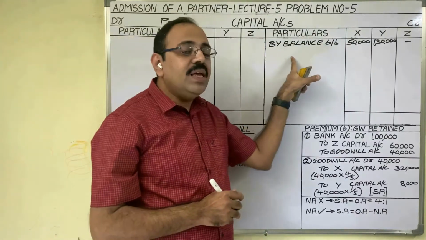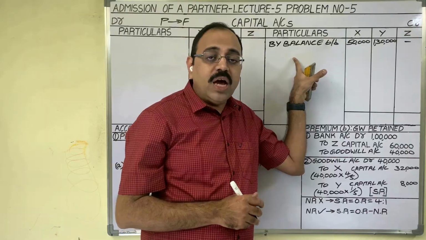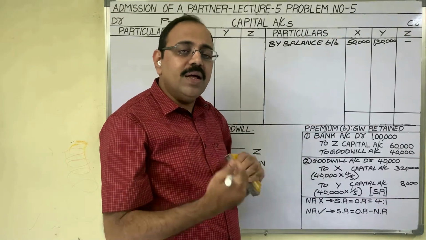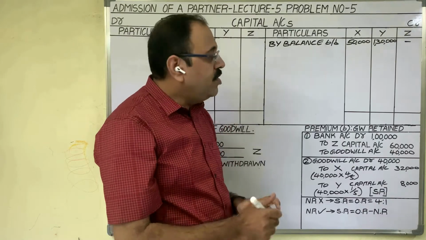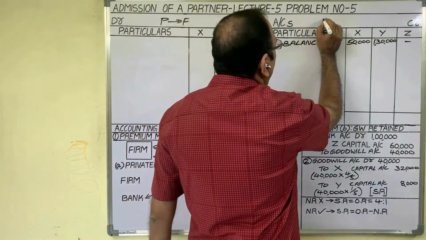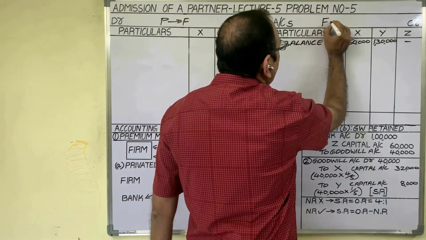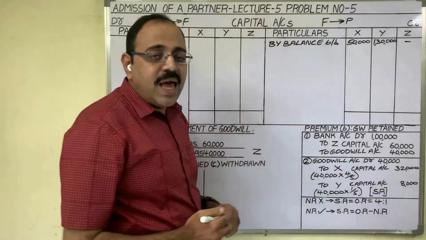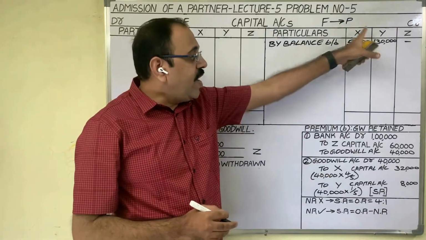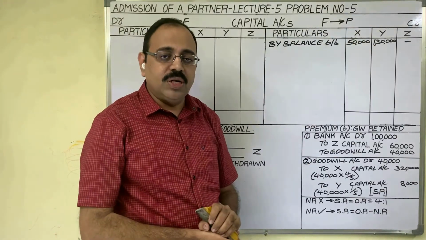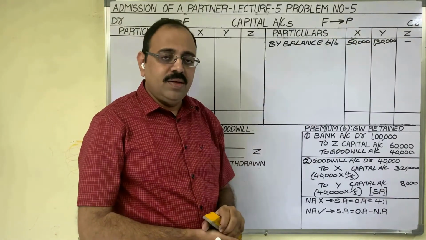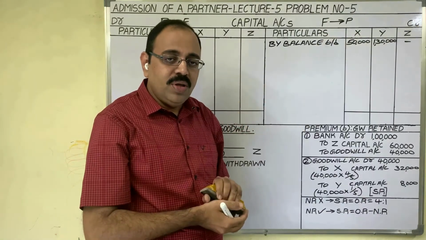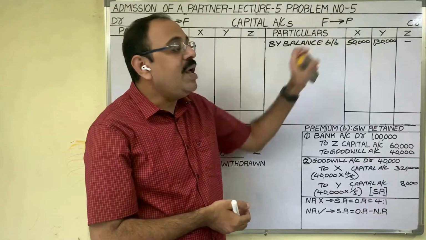Similarly, credit the giver. Credit amounts are what partner has given to the firm. Suppose partner is retiring, then firm should return all these amounts to partner. Take capitals. X capital 50,000, Y capital 1,30,000. Suppose they are retiring, then firm should return these amounts to partners now. Therefore, credit side they are appearing.